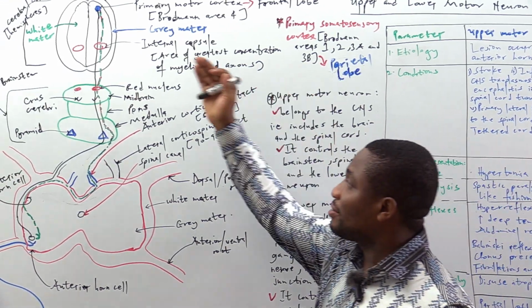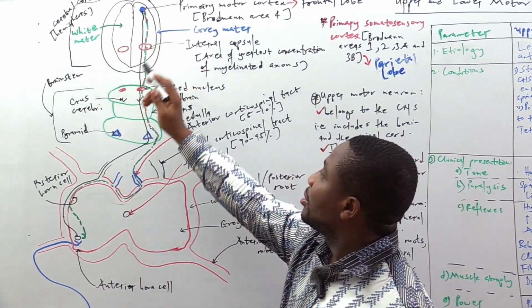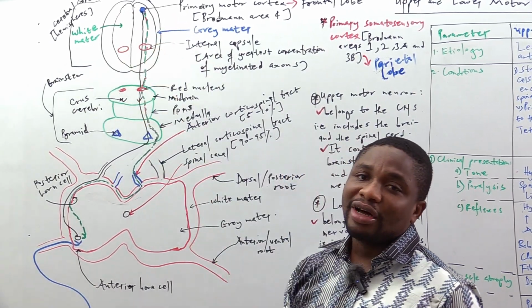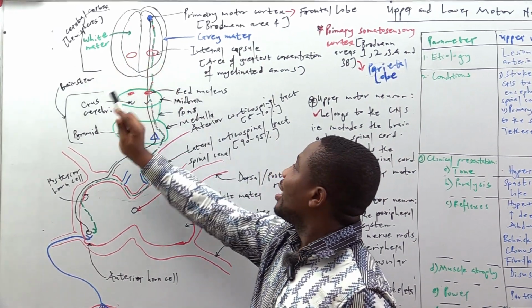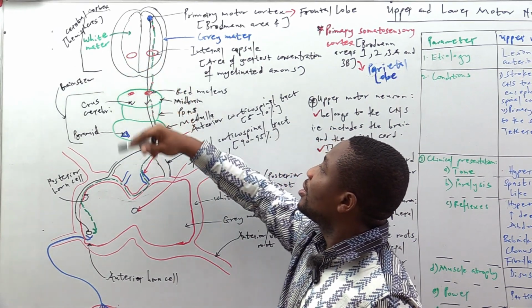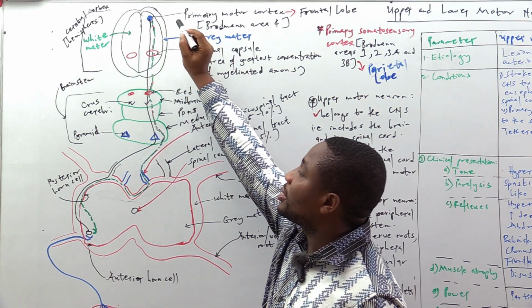So if you look at this diagram carefully, we have the cerebrum, which is made up of what? Two cerebral hemispheres. So we have the right cerebral hemisphere and the left cerebral hemisphere. And here, this region of the cerebrum, we call it the cerebral cortex.